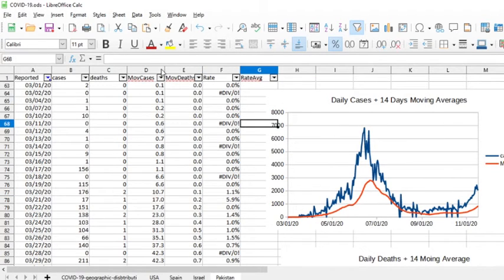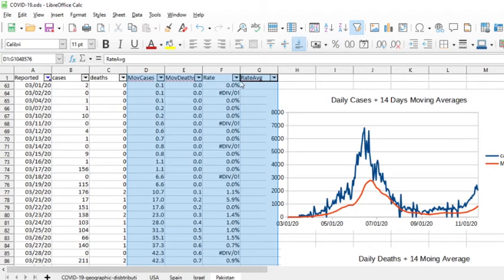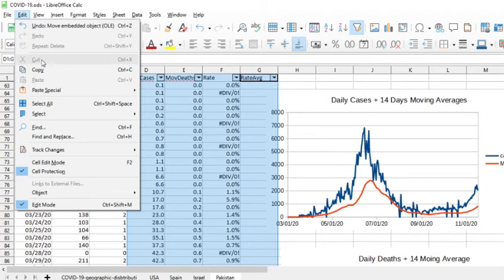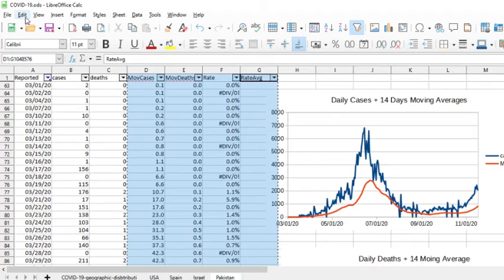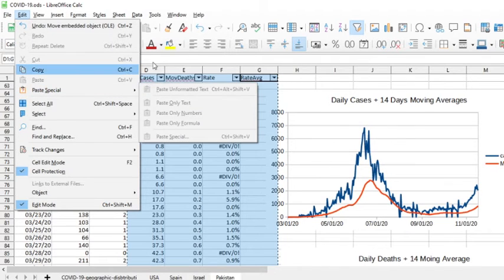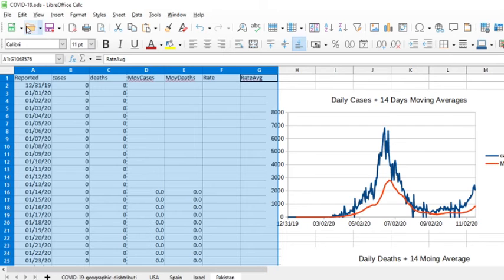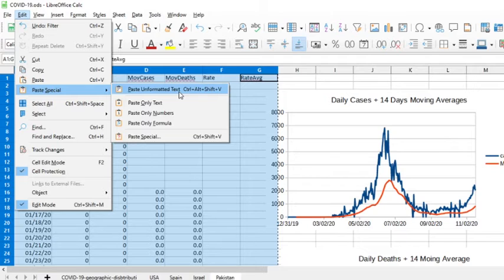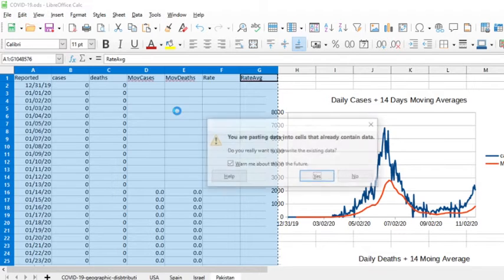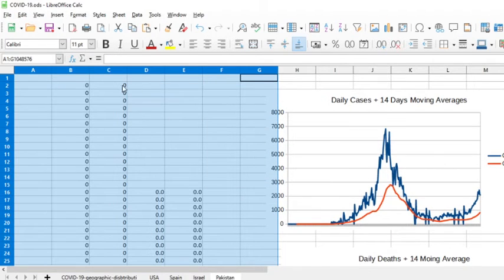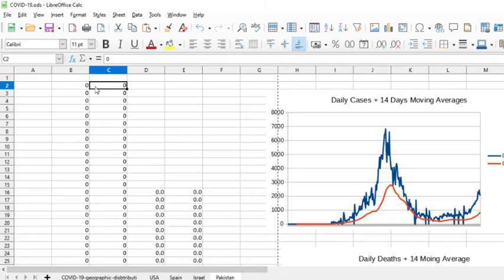Let's come over here and do this. Edit. What I'm doing is converting the formulas to numbers.